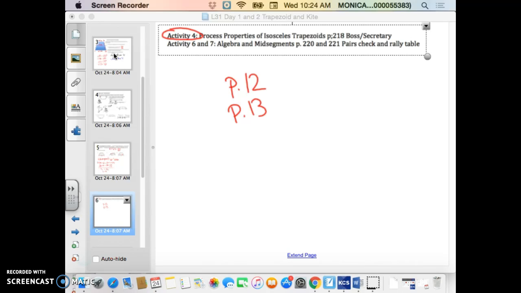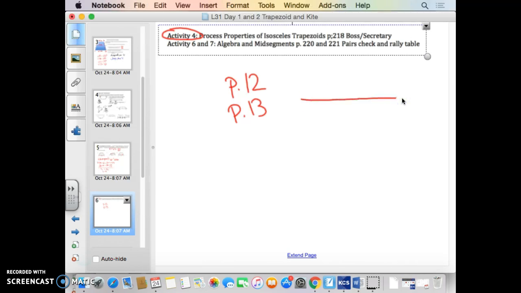One more thing I wanted to point out for you when you're working on page 12 is that I'm going to go ahead and draw a rough sketch of what it looks like. It looks something like this, okay? And then you've got your mid-segment here, and then you're looking for B, C, D, A. Please note that this is how you mark parallel lines.